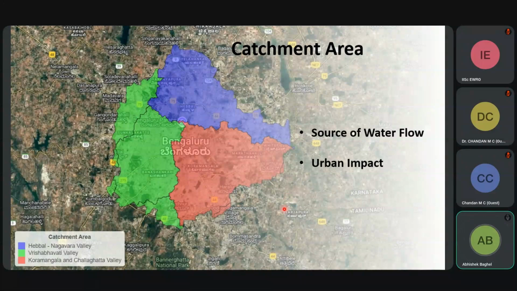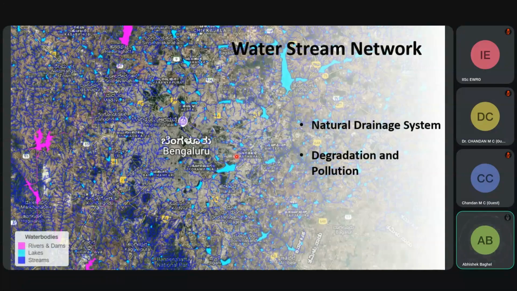These water catchment areas of Bangalore include interconnected lakes and valleys that collect channels for rainwater and replenish the groundwater and surface water sources. What this urban impact, this white area, has done is disrupt the natural water stream network, which is a very complex network that was generated naturally over the years.